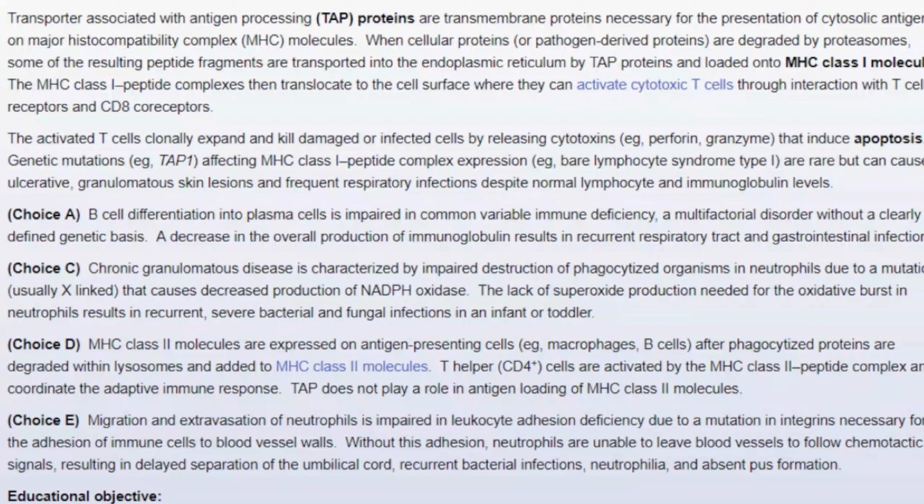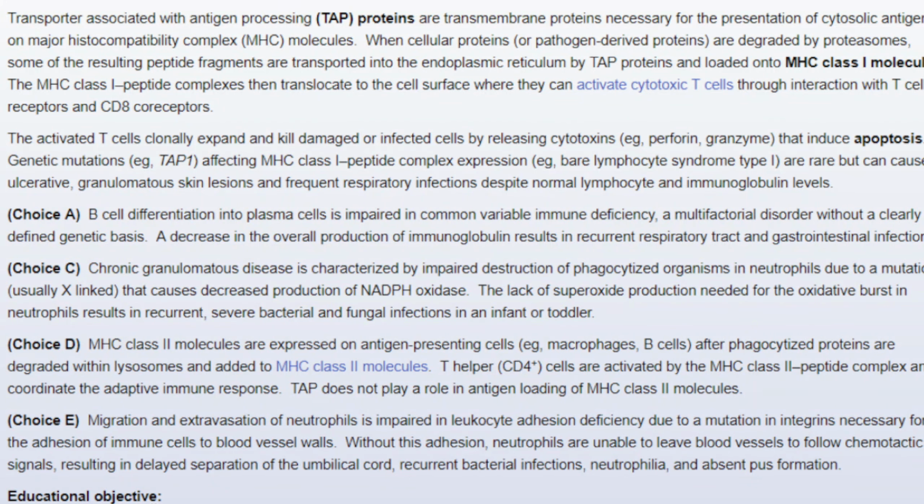Transporter associated with antigen processing, TAP proteins are transmembrane proteins necessary for the presentation of cytosolic antigen on major histocompatibility complex molecules. When cellular proteins or pathogen-derived proteins are degraded by proteasomes, some of the resulting peptide fragments are transported into the endoplasmic reticulum by the TAP proteins and loaded onto MHC class 1 molecules.